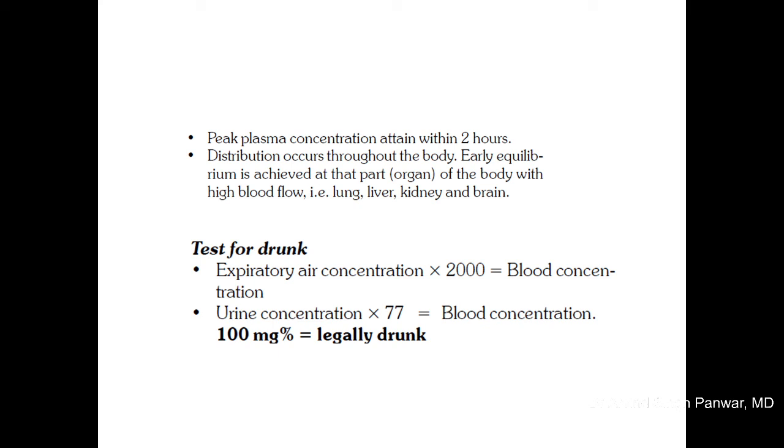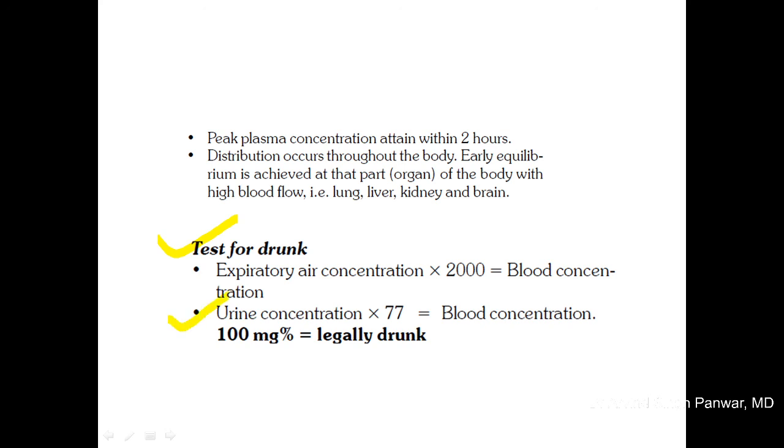Distribution occurs throughout the body. Early equilibrium is achieved in the organs of the body with high blood flow, for example, lung, liver, kidney, and brain. There is a specific test for drunkenness: the expiratory air concentration of alcohol multiplied by 2000 will give the exact blood concentration.